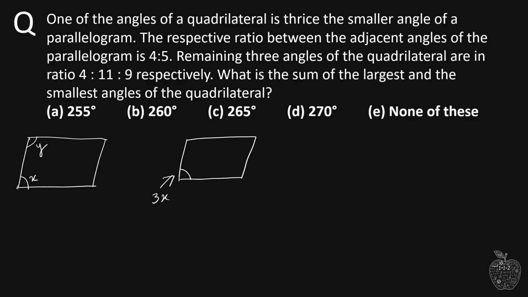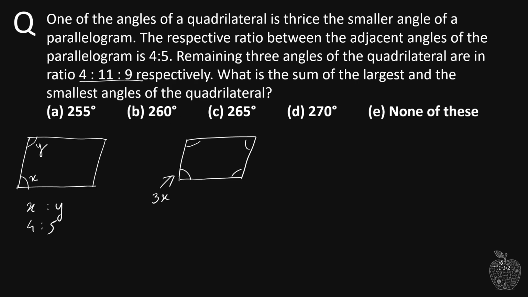Now the respective ratio between the adjacent angles of the parallelogram is 4:5. Now this x and y are the adjacent angles of this parallelogram, and the ratio x is to y is given to us as 4:5. Remaining three angles of the quadrilateral are in the ratio 4:11:9 respectively.